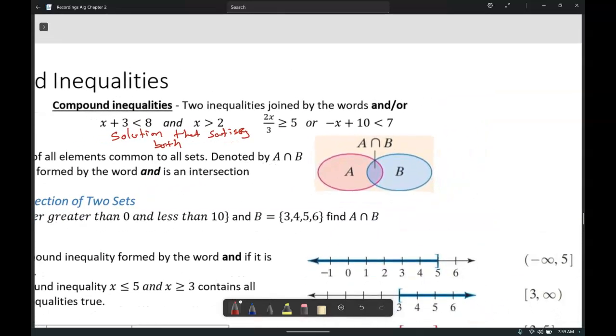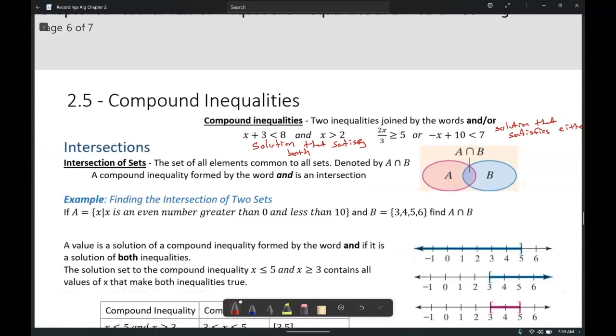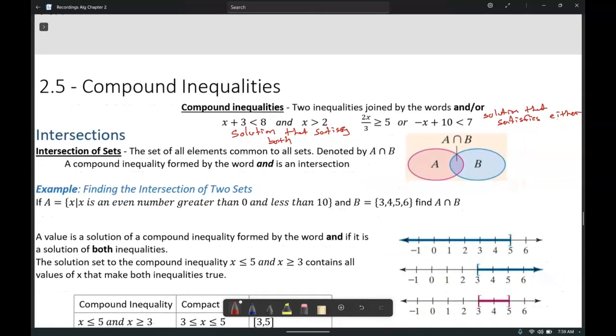If we have an inequality joined by the word "or," such as 2x/3 ≥ 5 or -x + 10 < 7, we're trying to find a solution set that satisfies either inequality. So as long as it satisfies one of the two inequalities, then it is part of the combined solution set.